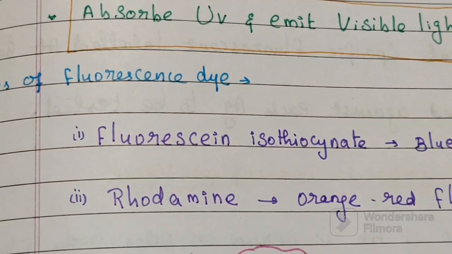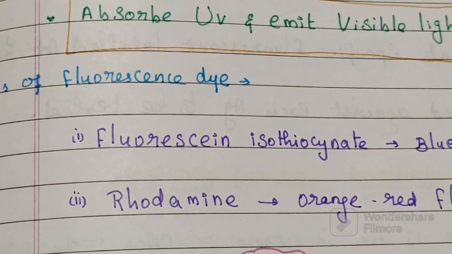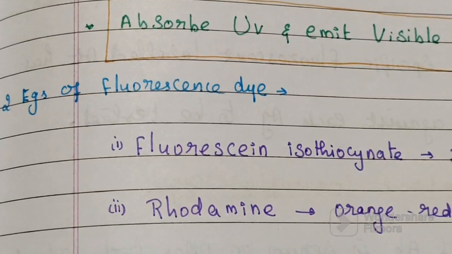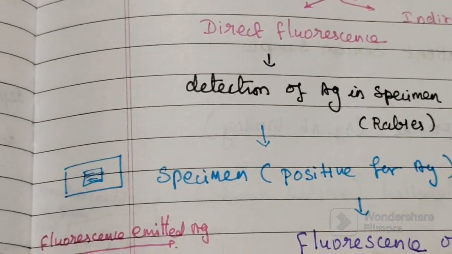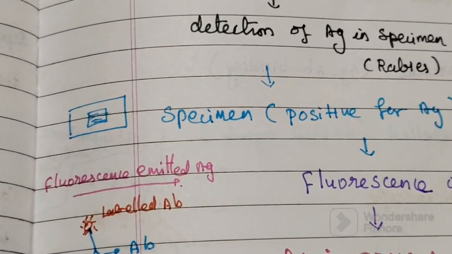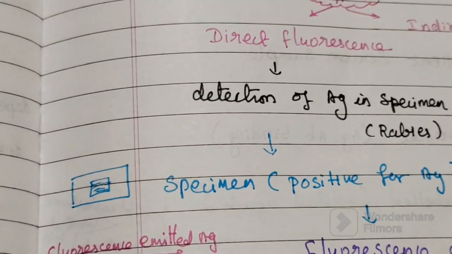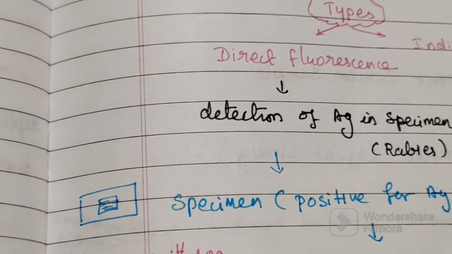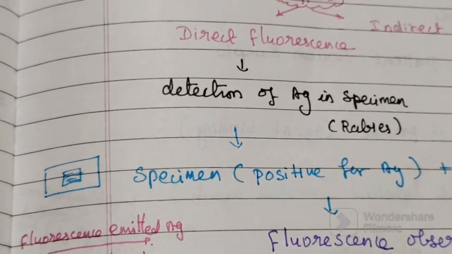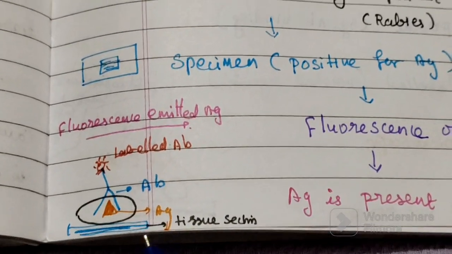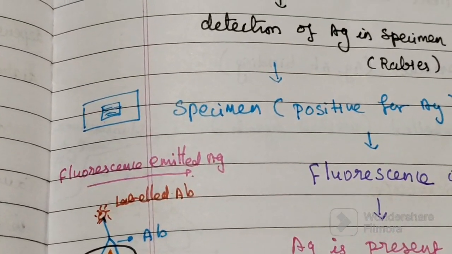Immunofluorescence is a technique in which we take an antibody and label it with fluorescent dye. Wherever the antibody goes, the dye will go. It will emit light. This is the antigen.